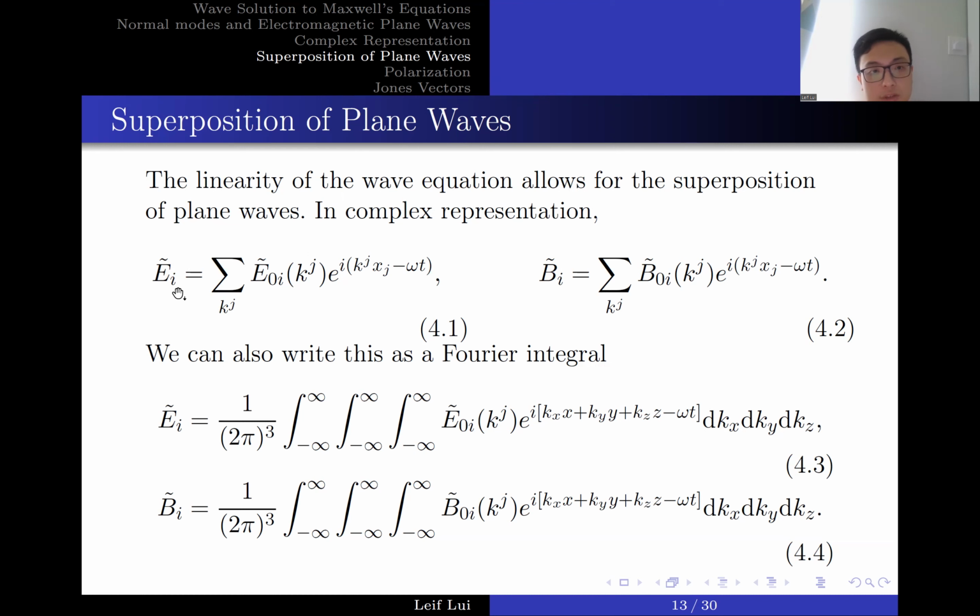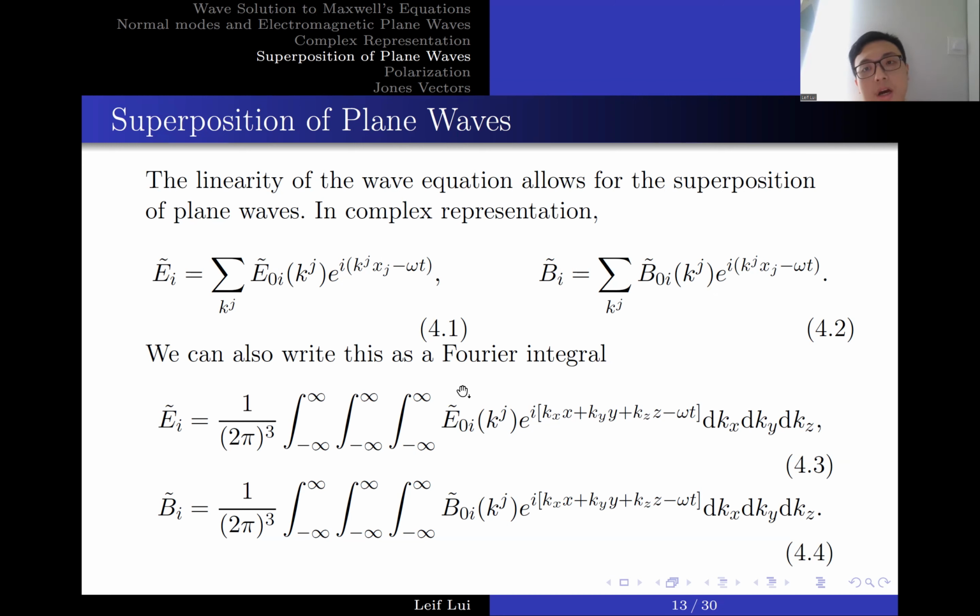The complex representation of the electric field can be written as some k-dependent amplitude multiplied by some oscillatory parts. And it is a similar case for the magnetic field: we have the k-dependent amplitude multiplied by some oscillatory parts.